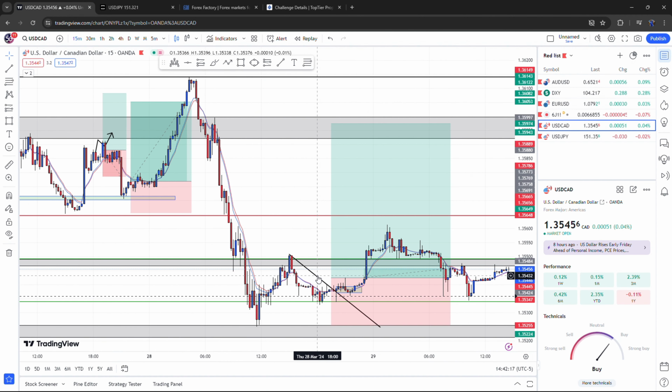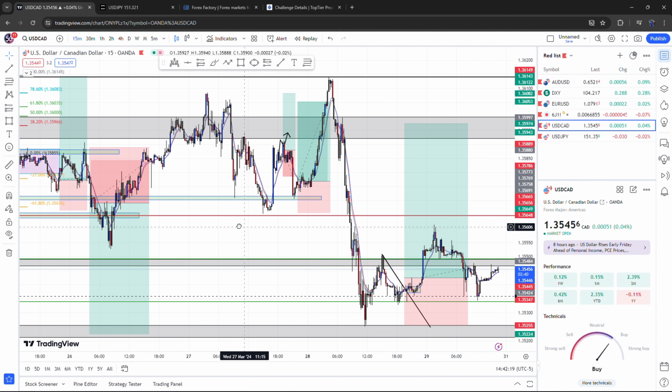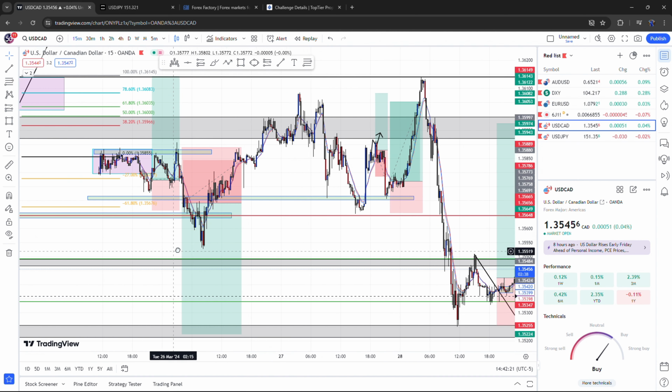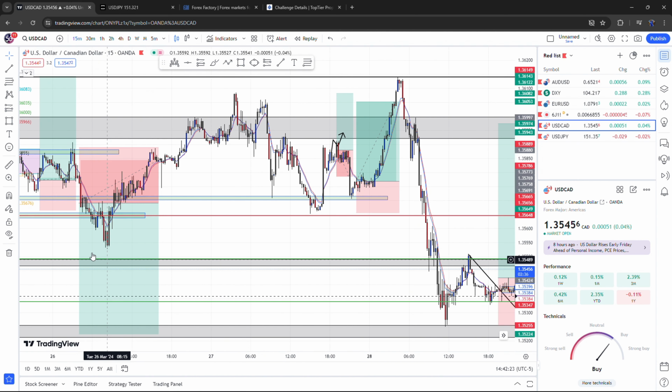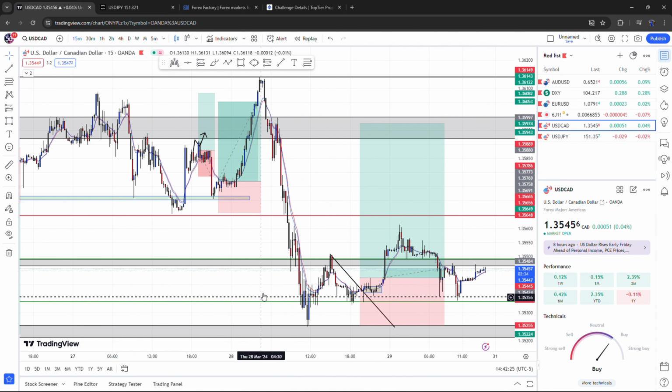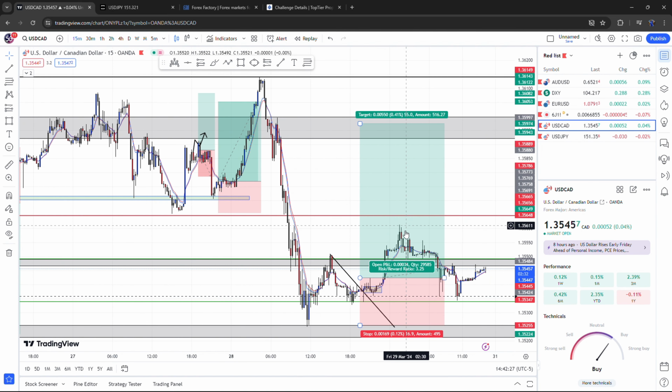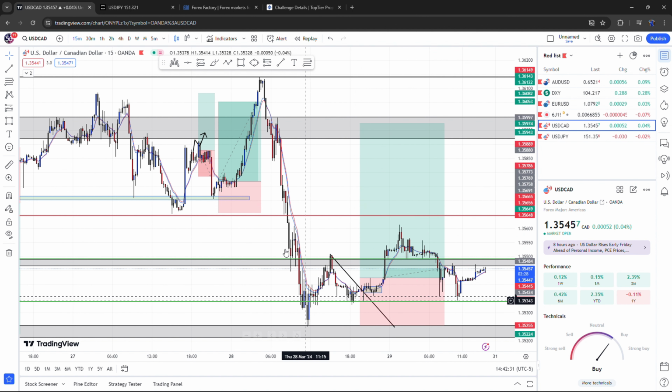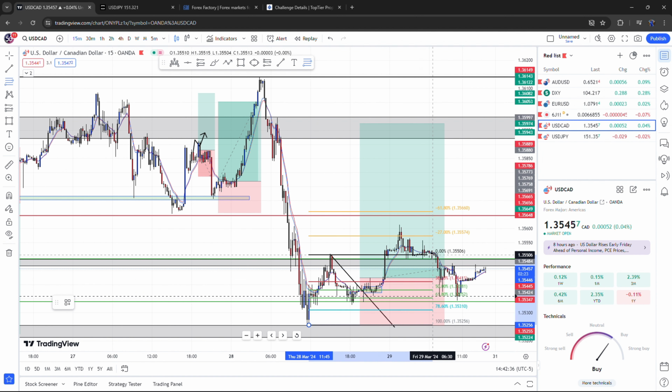And then CAD, same thing happened, the same mistake I made here and here. And I guess what it is, not taking profit when it was given to me. I could have also used the Fibonacci right here.